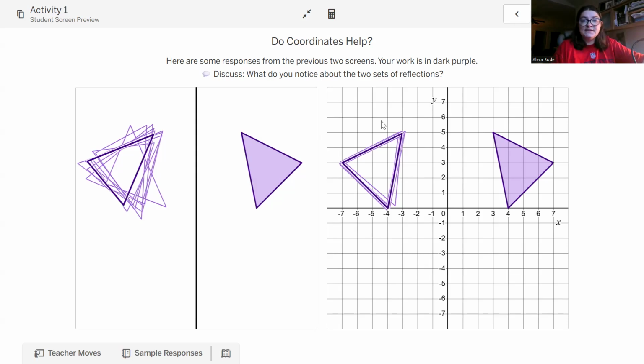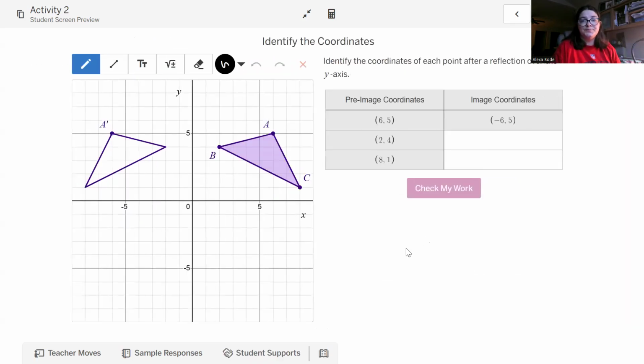But notice on the graph, it's more closely accurate. You can see multiple triangles here, but they're closer together, where on the one without the graph, they're all over the place and not as correct. So the graph was really helpful when we are doing transformations.